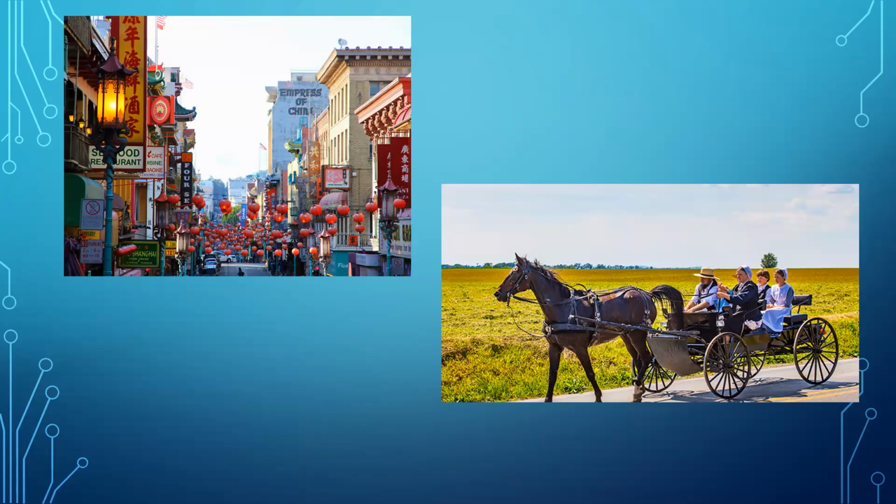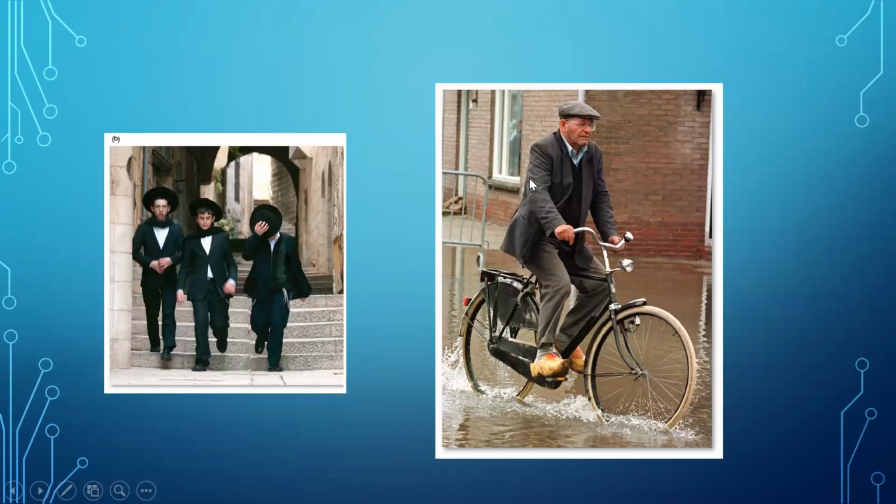You think of people sticking to their roots. You think of ethnic neighborhoods or enclaves around major cities, like Chinatown here. Or you think of the Amish people, rejecting technology, or the way they dress or their way of transportation.